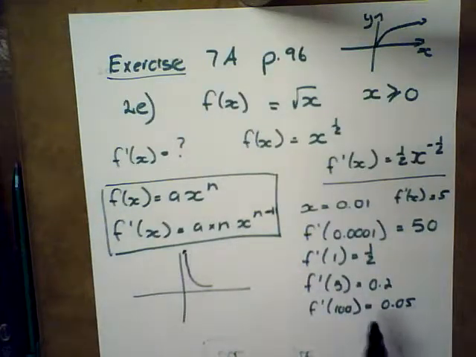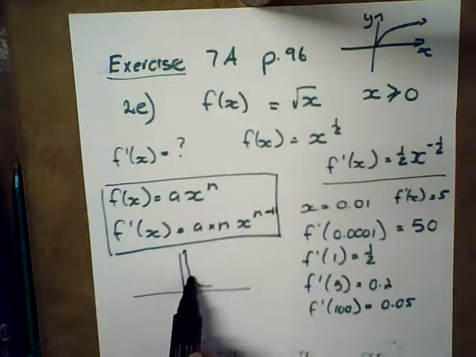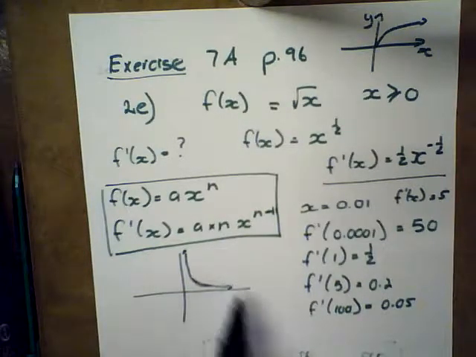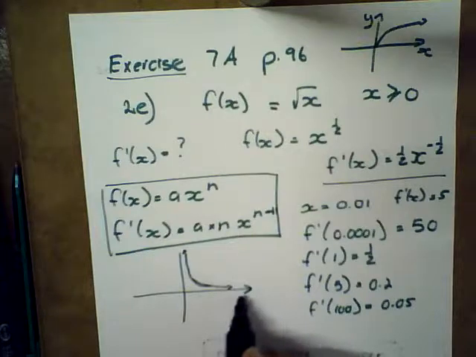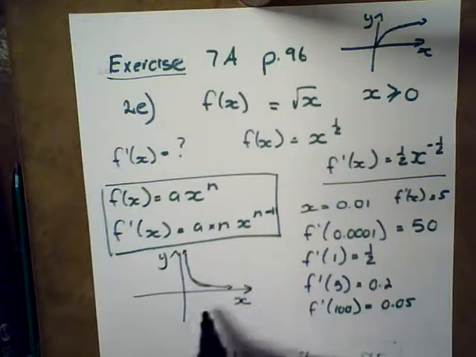And as the values of x get larger and larger, the function will gradually get smaller and smaller. That would be a rough estimate of the idea of how this function behaves, the end behavior of this function.